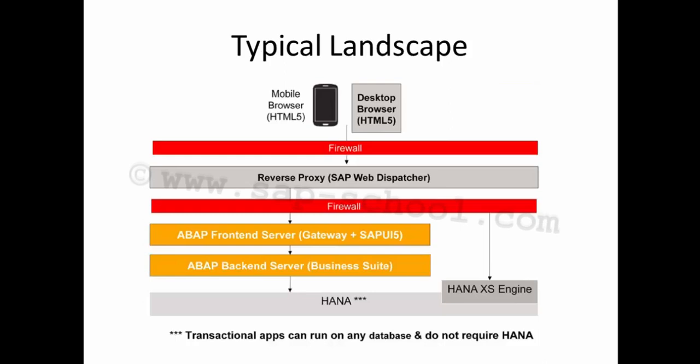There are certain constraints for the Web Dispatcher. Basically the Web Dispatcher is only useful in the web environment. In the classic SAP system, the load is balanced by the message server. The SAP Web Dispatcher will forward the incoming HTTP requests to the application servers, and it will return the responses from the backend to the client.